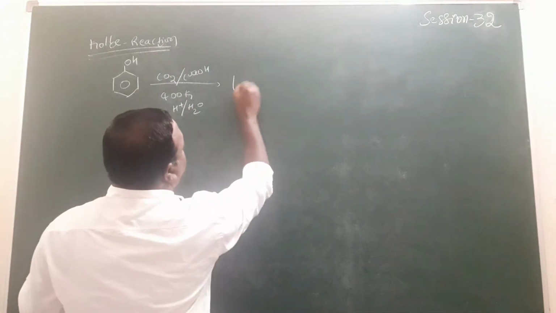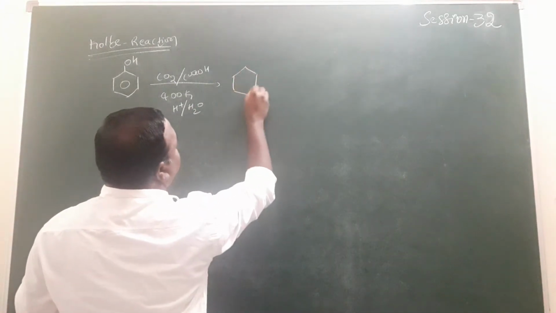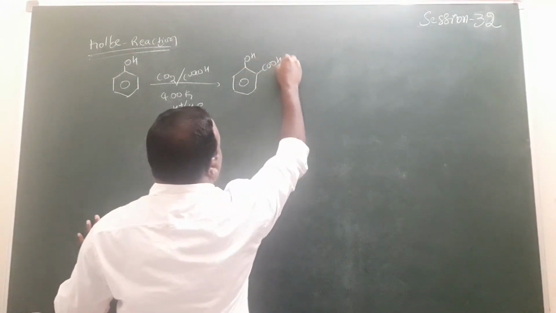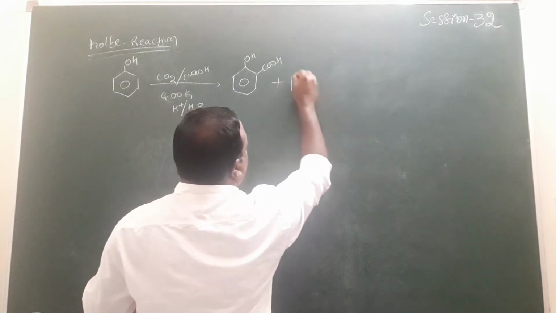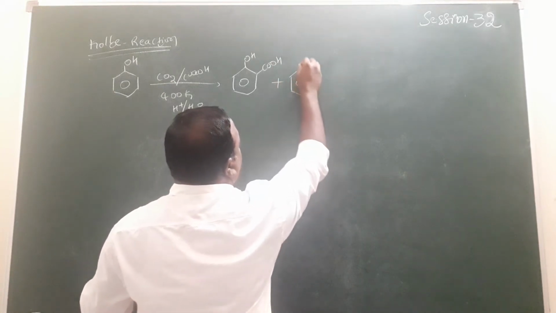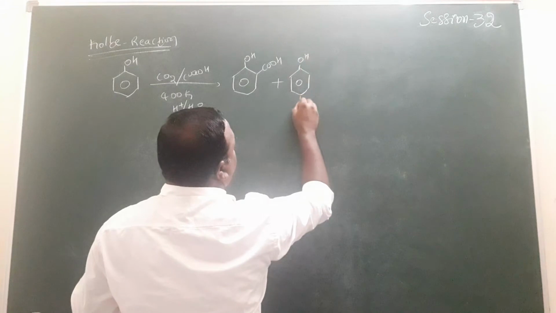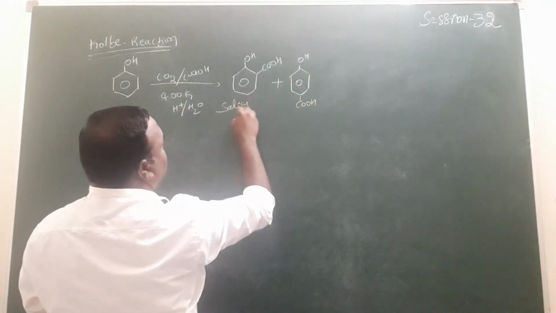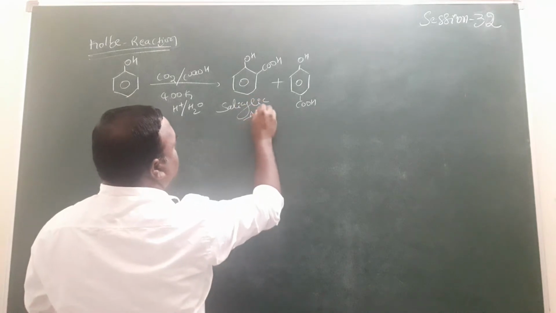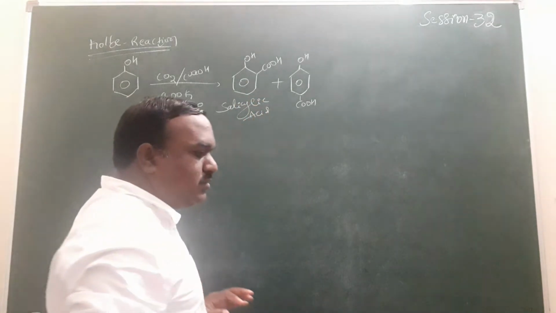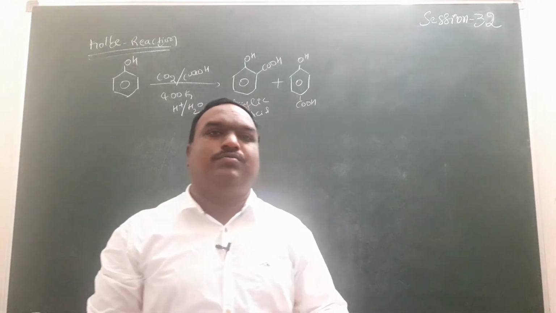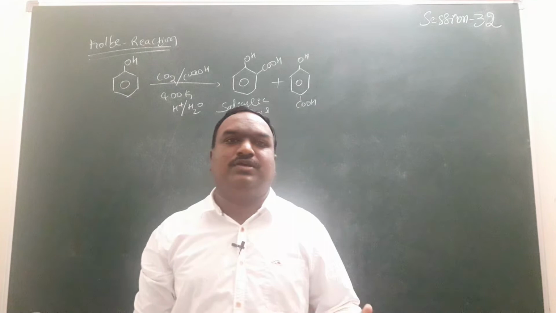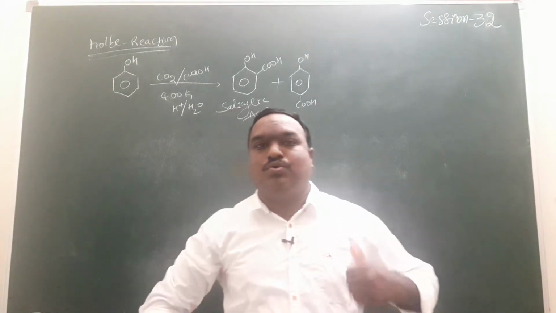So it produces salicylic acid and para-hydroxybenzoic acid. When compared to para-hydroxybenzoic acid, the amount of salicylic acid is more in the Kolbe reaction.